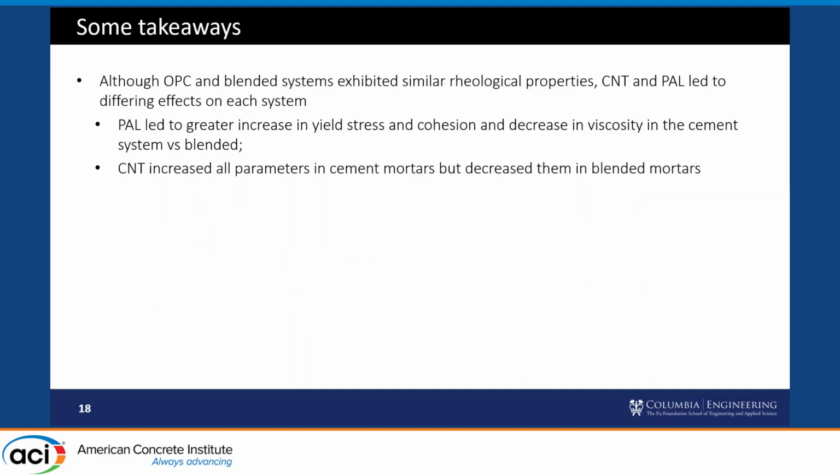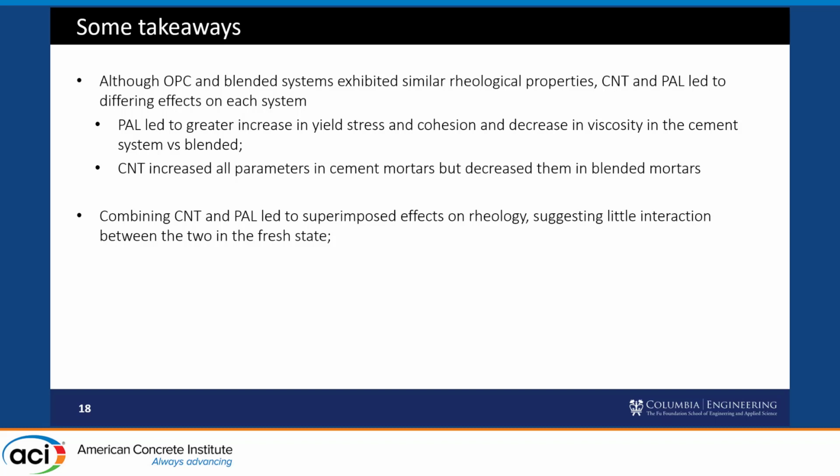Okay, so OPC and blended systems exhibited similar rheological properties, but each of the additives led to differing effects. So clays led to an overall increase in yield stress, decrease in viscosity in both systems, but to different degrees, while the CNTs had opposing effects depending on the binder system. And combining these two rheologically led to a superimposed effect.